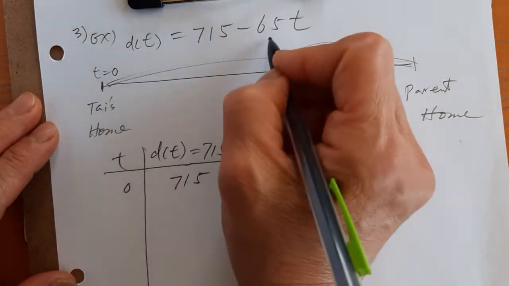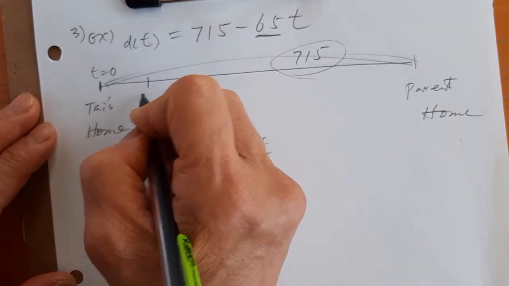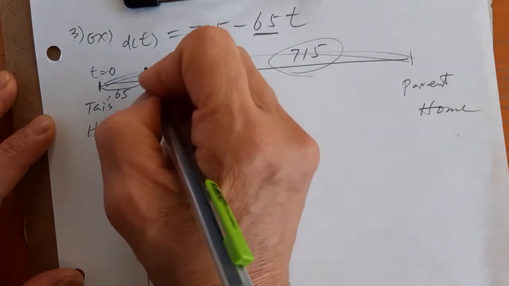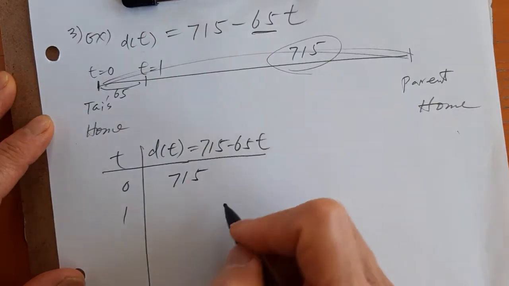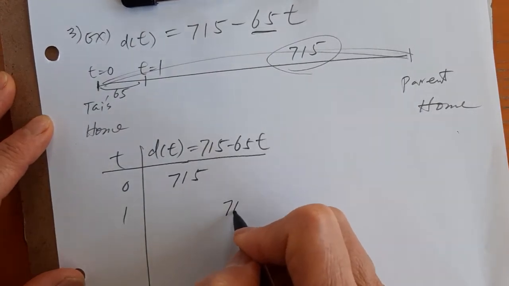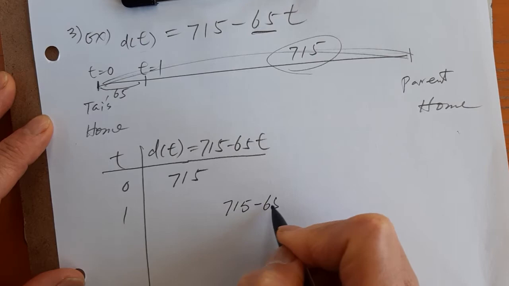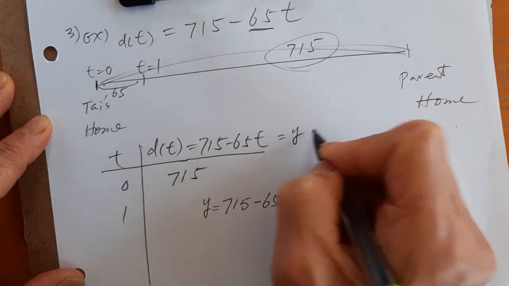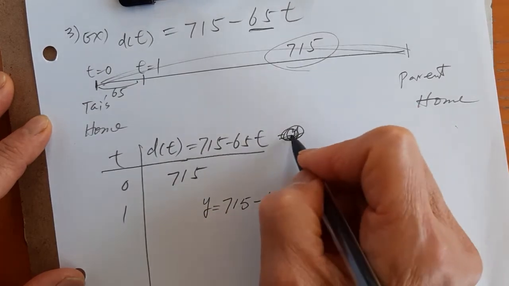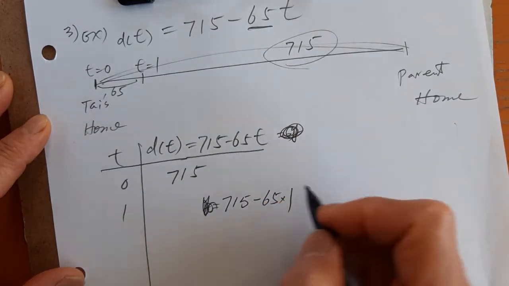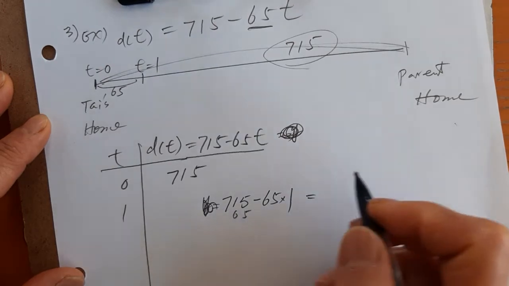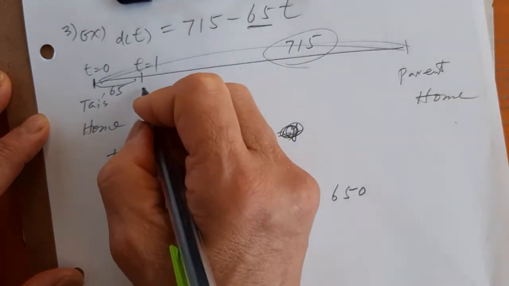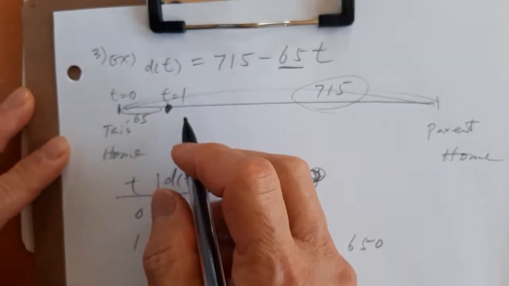He travels 65 miles per hour. After 1 hour, t equals 1, the distance becomes 715 minus 65 times 1, which is the distance value. So 650 miles remain, which is Ty's distance away from his parents' home after 1 hour.